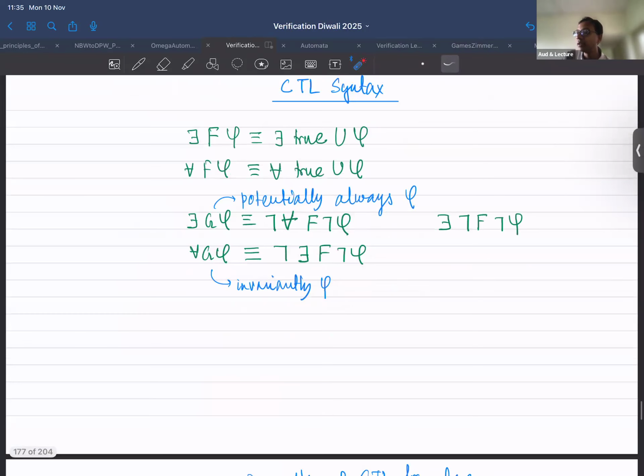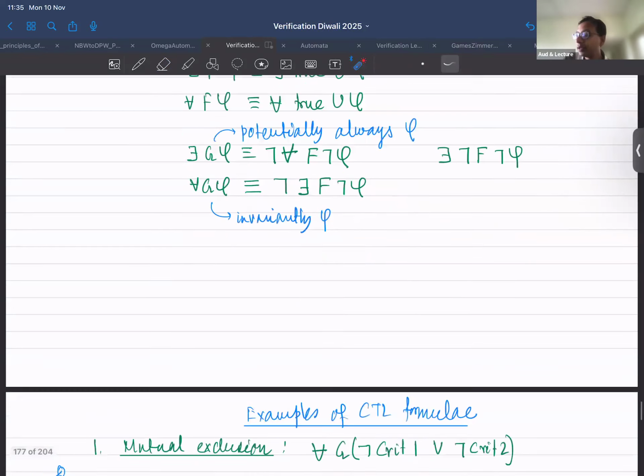Okay, so we looked at all these things, and similarly you can also have eventuality, just in the same way as you'd express these things in LTL, in a very similar way, right? These derived operators: the eventuality and the globally, the always properties.